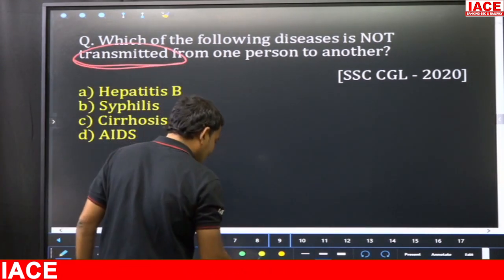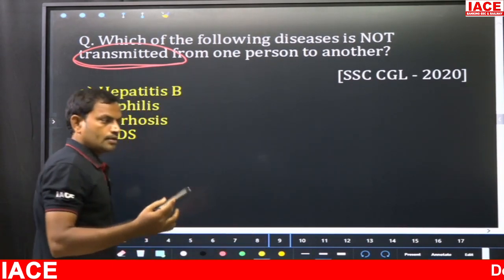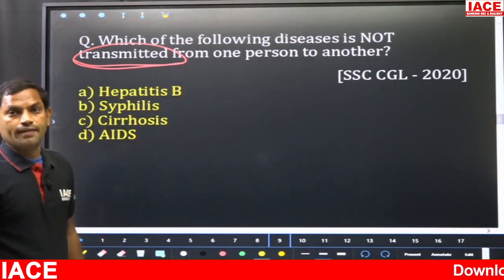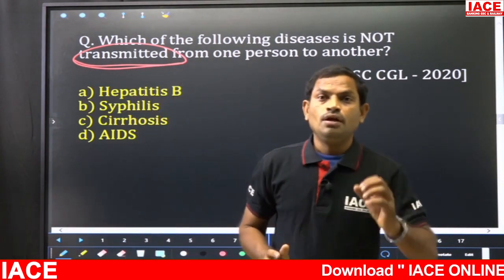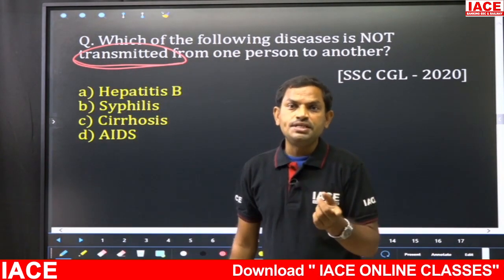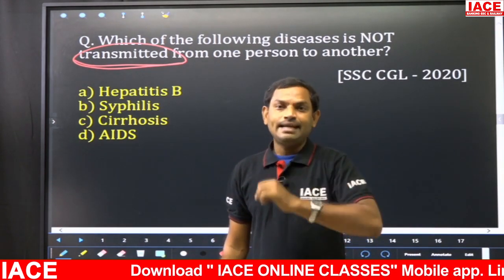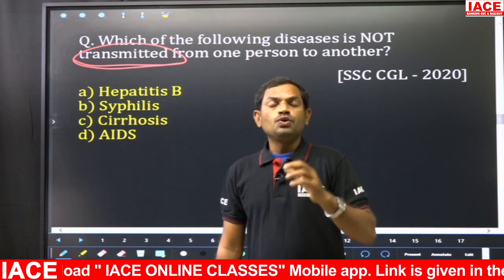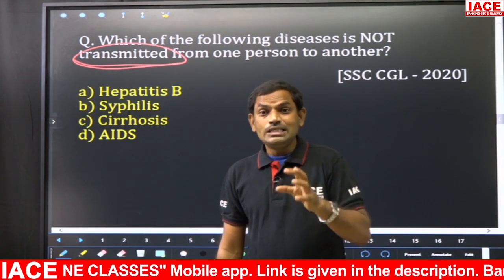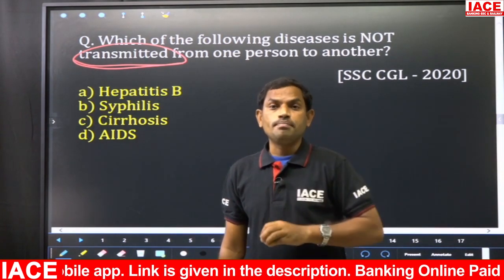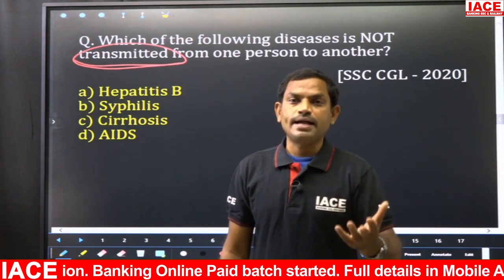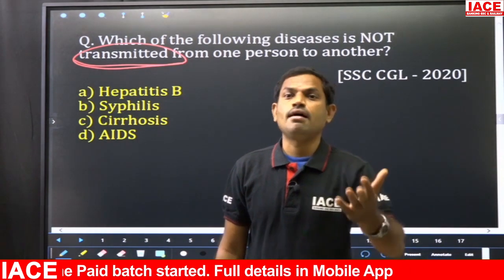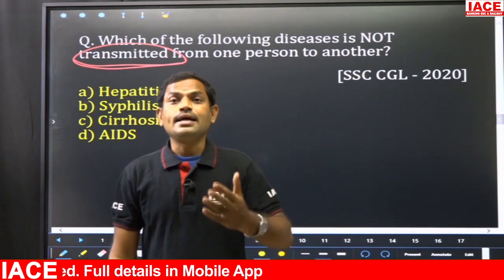So what is meant by transmission? Spreading from one person to another person. Generally we can have two types of diseases here: infectious diseases and contagious diseases. Infectious diseases means the disease which is caused by a particular disease causing microorganism, either through virus or bacteria or protozoan parasite or fungi, like that.